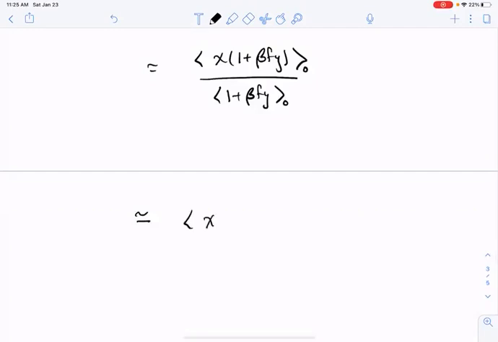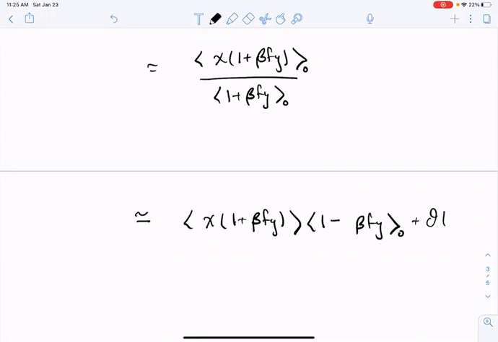So I get x times 1 plus beta f y, averaged. I then have 1 minus, since 1 over 1 plus a small number is 1 minus a small number, beta f y in the reference ensemble, and this is now really good up to, let's not do that quite yet.